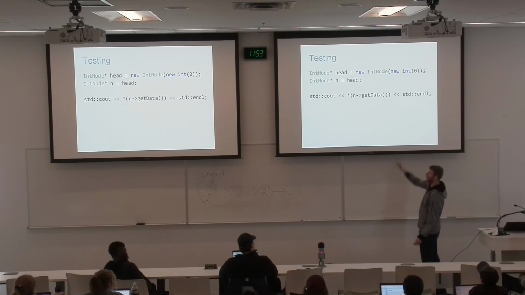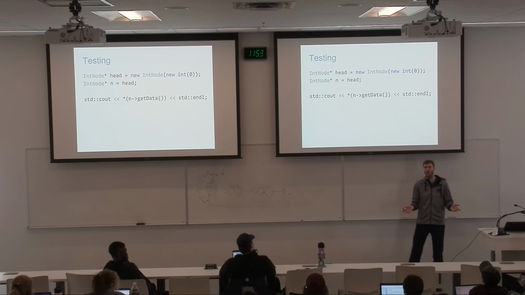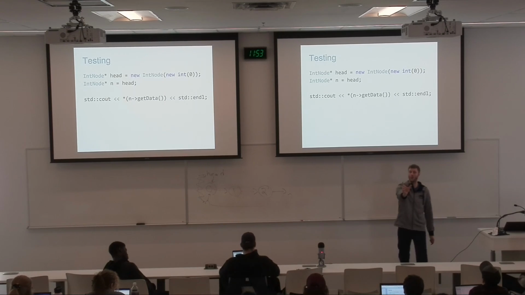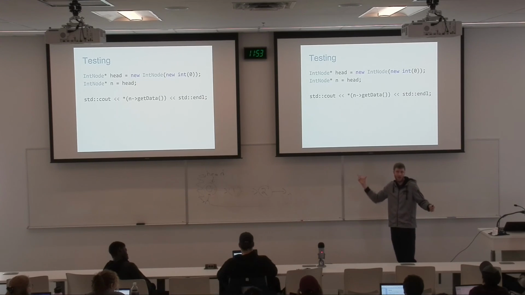What's the contents of head? It's a pointer to it. It's the memory address of where that int node is. So when I copy over the contents of that variable, it's just the memory address where that int node is. I copy over that memory address to n. So now I have two variables with the same memory address, two pointers to the same thing.